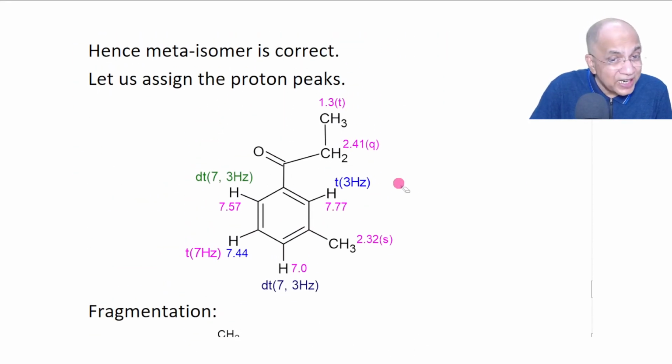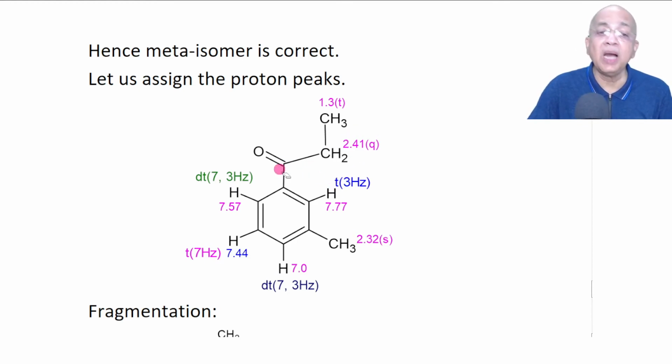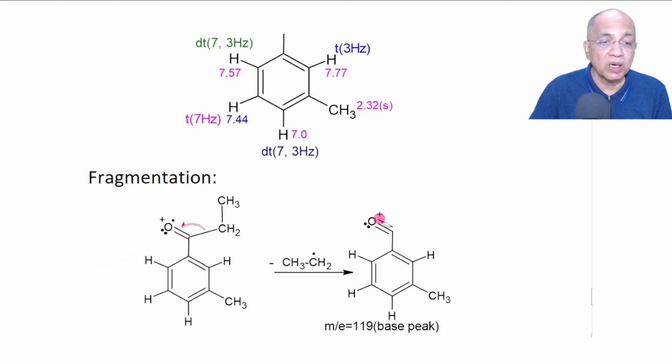So that suggests that undoubtedly the structure is this. What is this? This is 1-(3-methylphenyl)propan-1-one, 3 in parentheses, 3-methylphenyl, and this is propan-1-one, not this one, right?